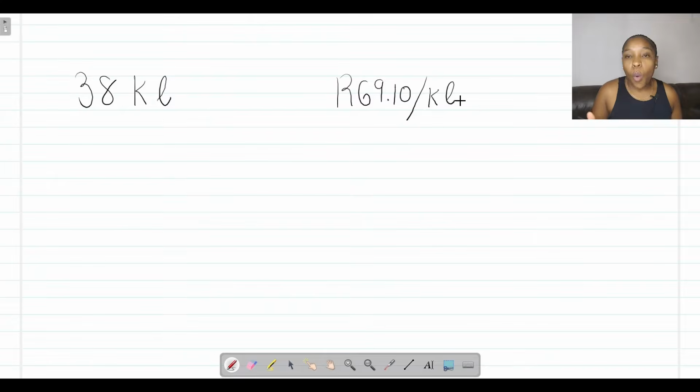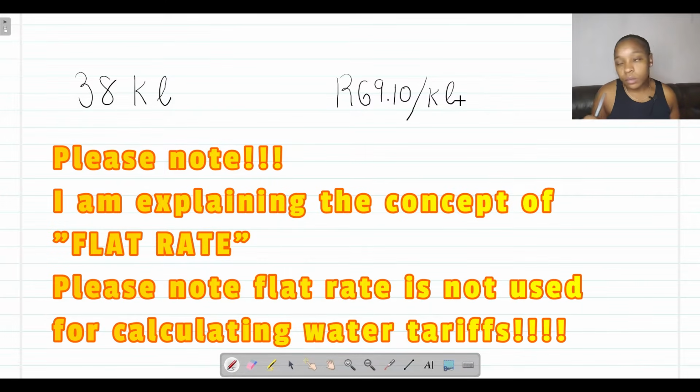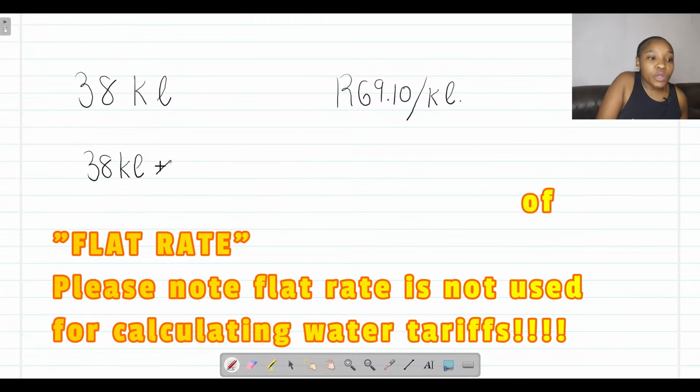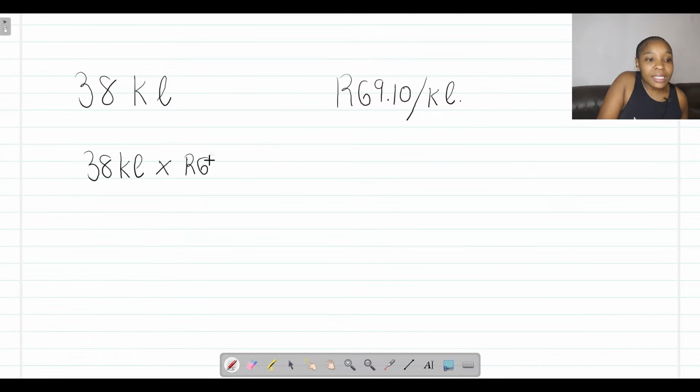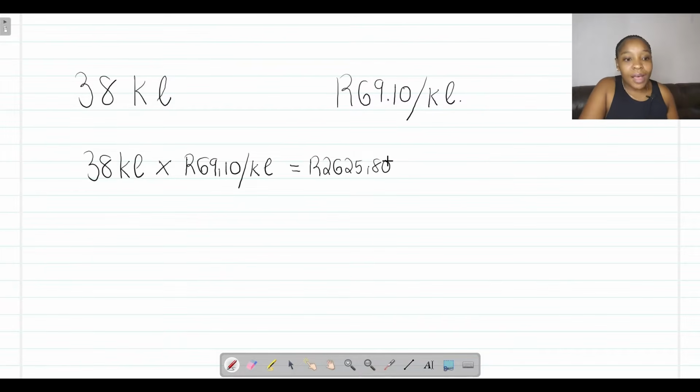So what would calculating a tariff using a flat rate be? If you calculate how much you need to pay towards your water bill using a flat rate, you would take the 38 kiloliters of water that you've consumed and multiply it by that 69.10 rand per kiloliter to get 2,625 rand and 80 cents.